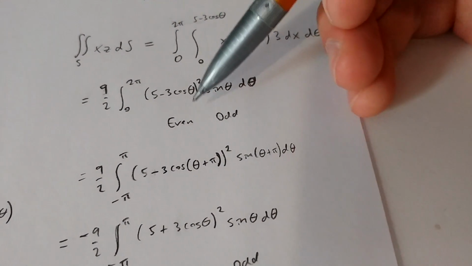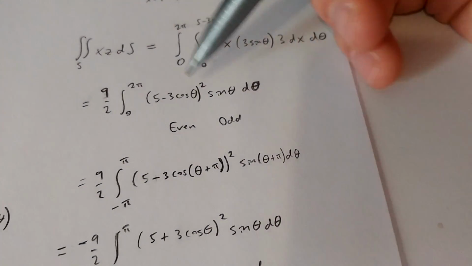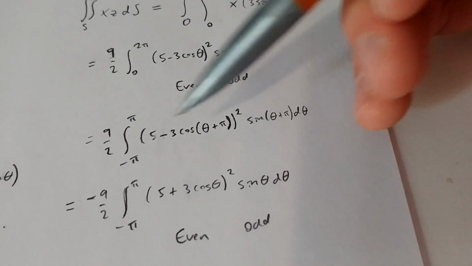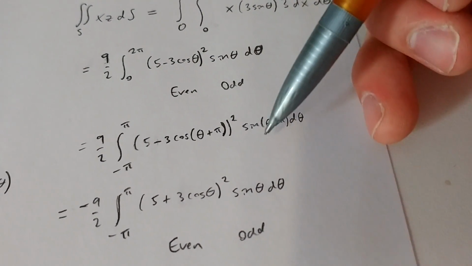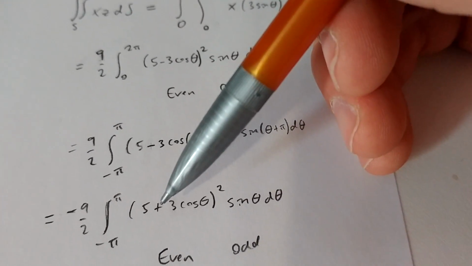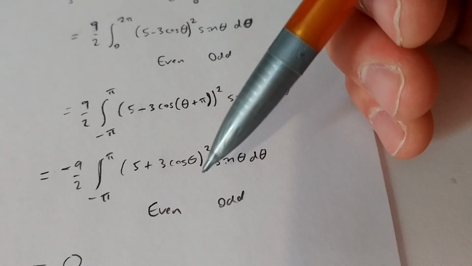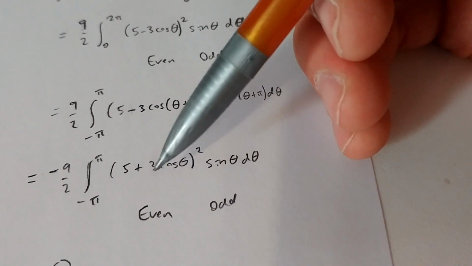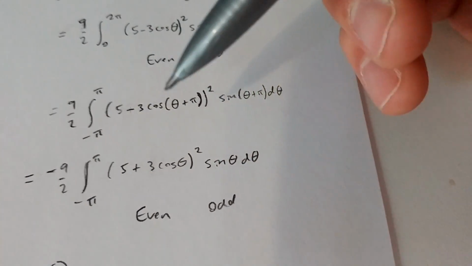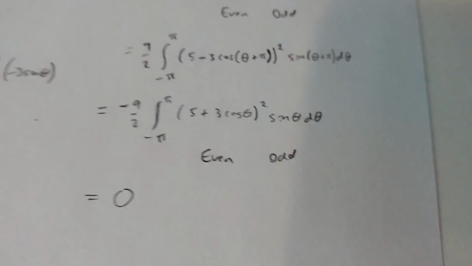That's how much you have to shift it for it to be upside down from what it was originally. And then the same thing with sine theta. So you can factor out the negative from the sine theta, and then this just turns into a plus. And then these really are symmetric functions around the origin. This is an even function, and that's an odd function. And now your bounds are also symmetric around the origin. So that means the answer is 0.